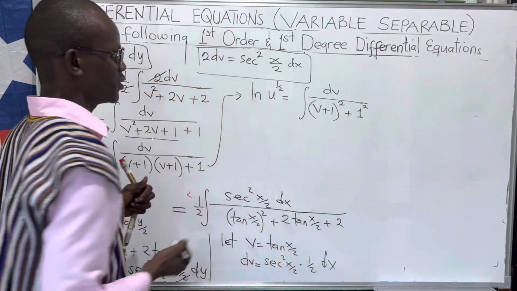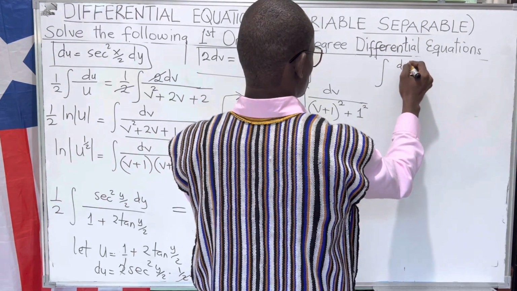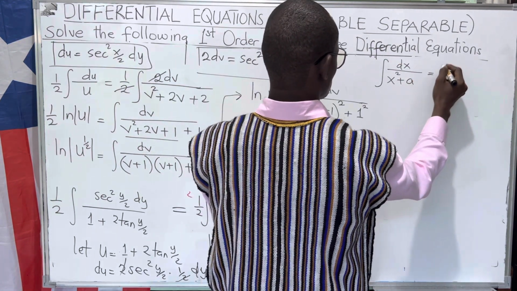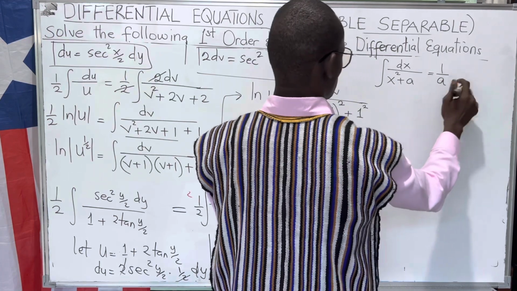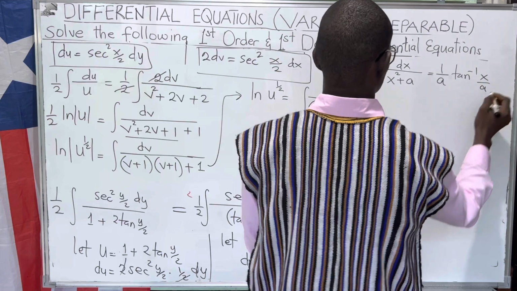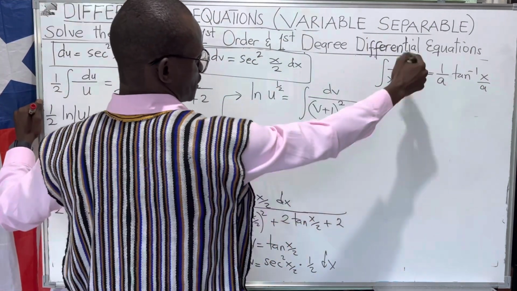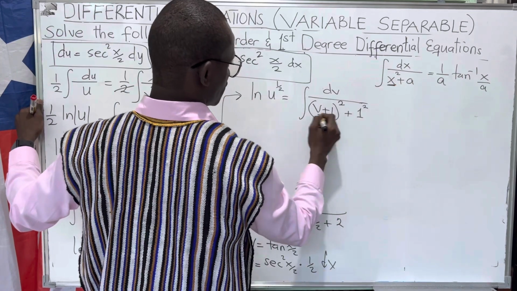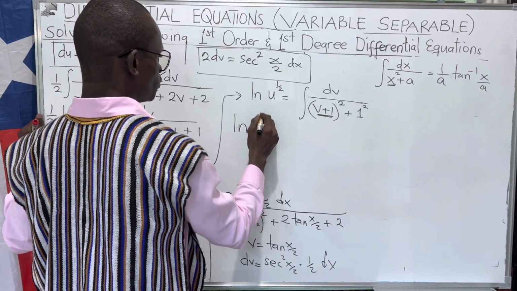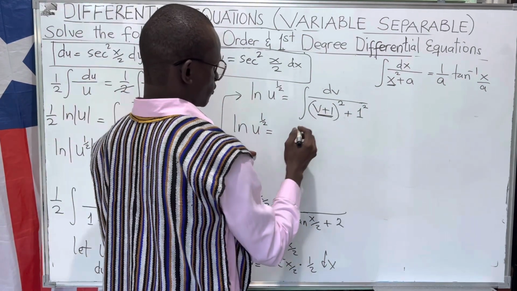Now I said 1 squared because I want to bring in a property. The integral of dx all over x squared plus a squared is just equal to 1 over a tangent inverse of x over a. So this is similar. Our x here is representing v plus 1. So we can integrate now.